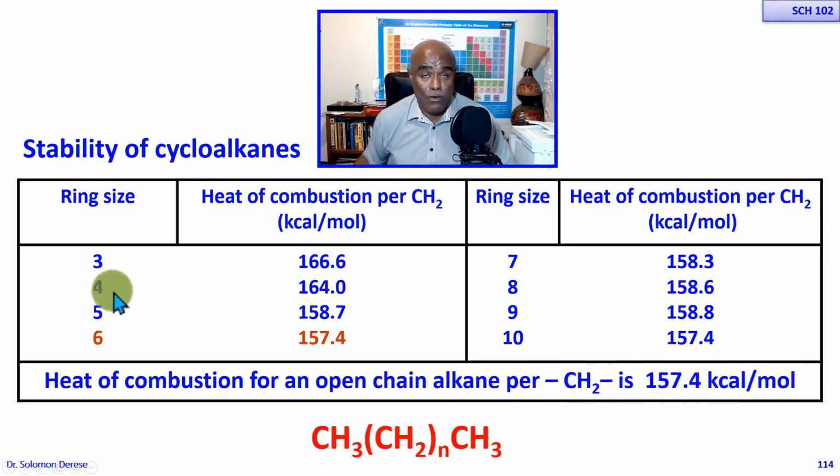Now let's compare the energy contained in every CH2 of the different cycloalkanes. So this one is comparing the energy contained per every CH2 of the cycloalkanes, starting from the smallest cycloalkane, cyclopropane, then cyclobutane, cyclopentane, cyclohexane, cycloheptane, cyclooctane, cyclononane, and cyclodecane.